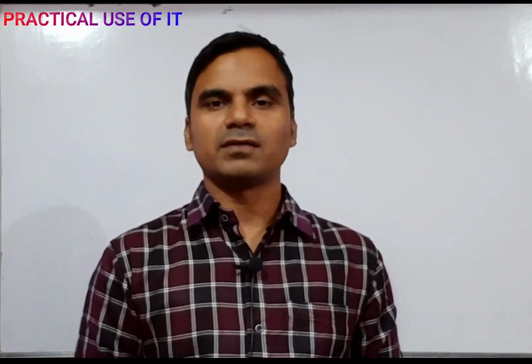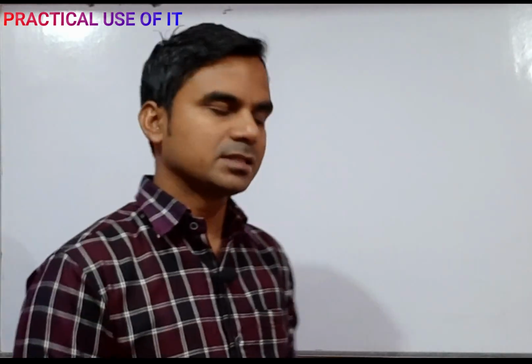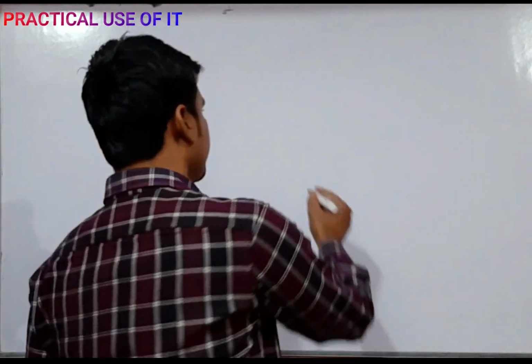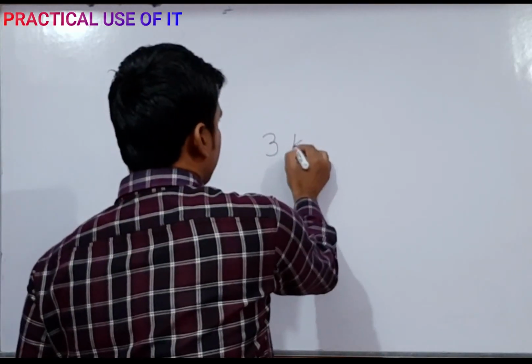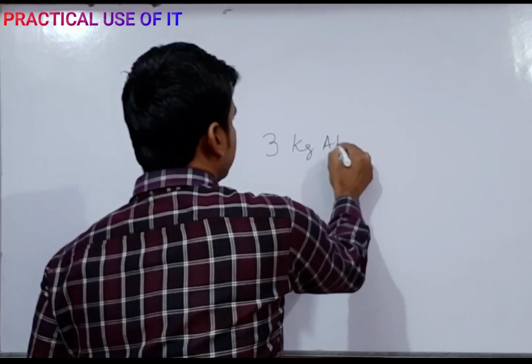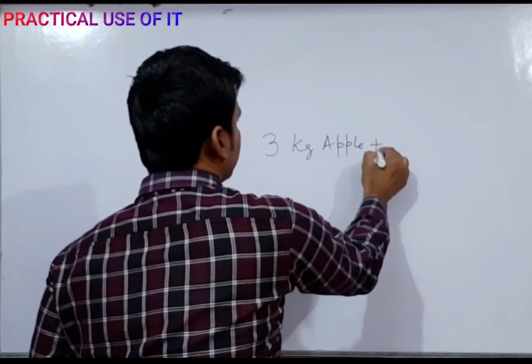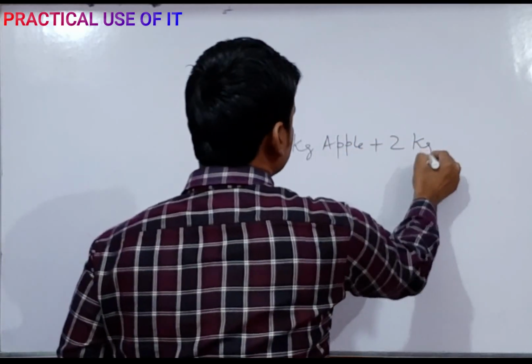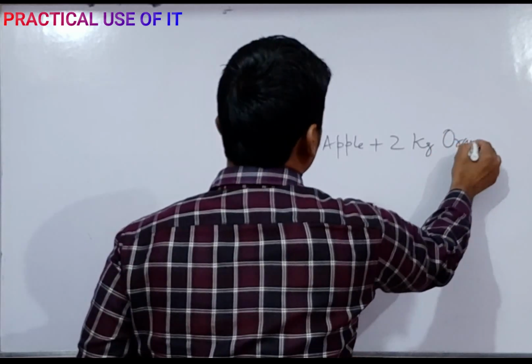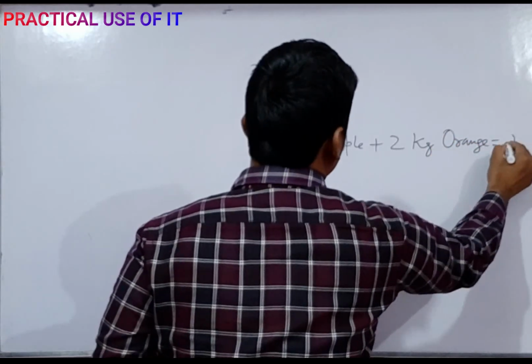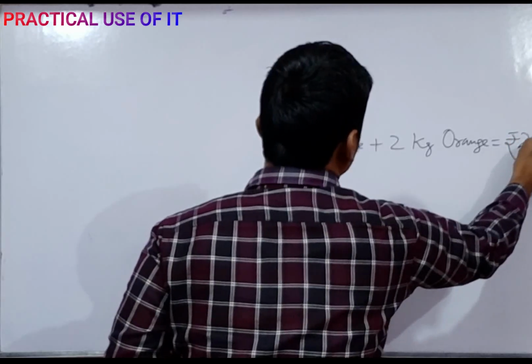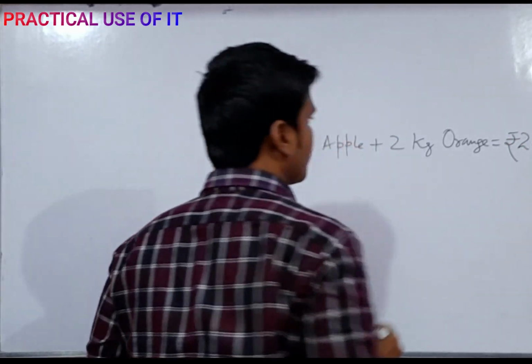Okay, सबसे पहले हम लोग देखते हैं कि ये चैप्टर हमारे लाइफ से किस तरीके से कनेक्टेड है. So let's say that you have a friend and he goes to the market. वो market जाता है and he buys 3 kg apple and 2 kg orange, and the amount which he pays for it is 260 rupees.